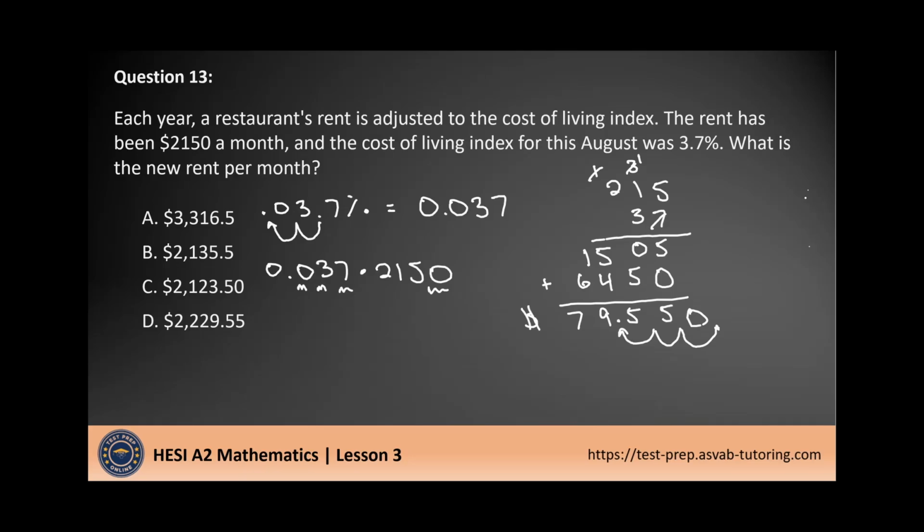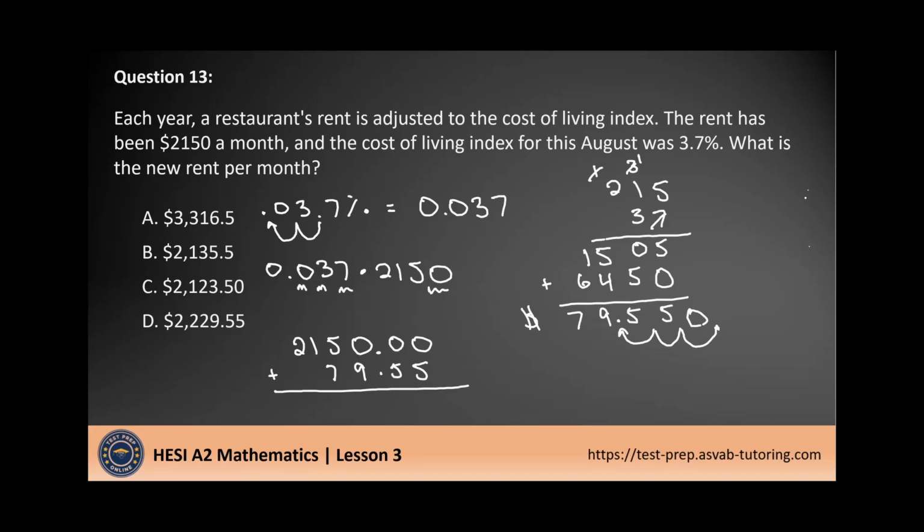So let's add that to the rent we were already paying, which was $2150. Okay, we don't have a decimal at the end of this 2150, but it's always there, it's just invisible. 0, 0, and here we have 5, 5.